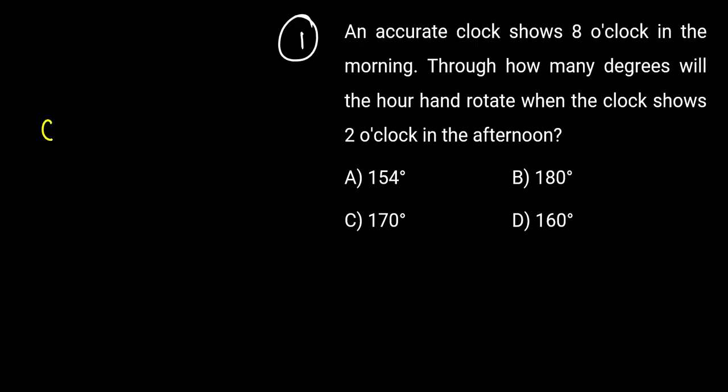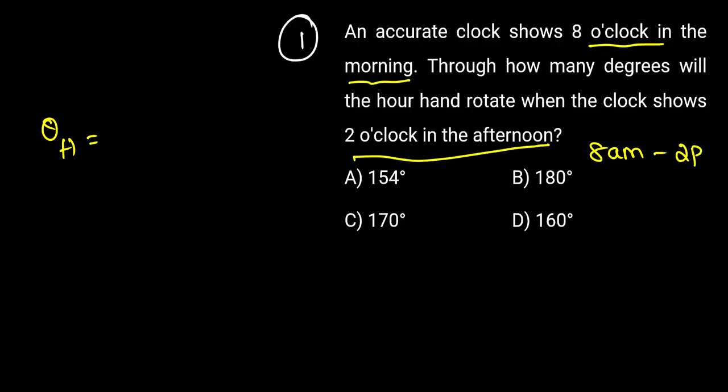So we want only theta H. Right. So that depends on how many hours, right? So 8 o'clock in the morning, 2 o'clock in the afternoon, the same day. So 8 a.m. to 2 p.m. How many hours? 6 hours. Each hour 30 degrees. So the angle is 180 degrees.